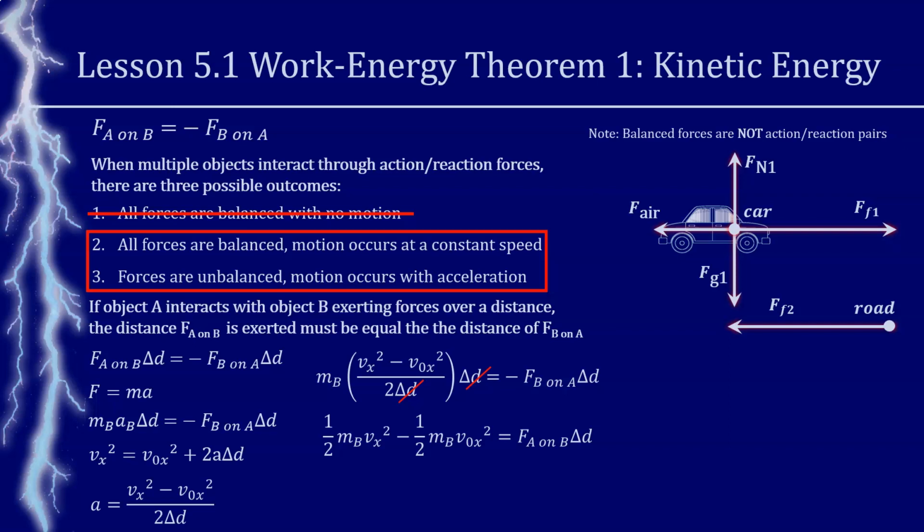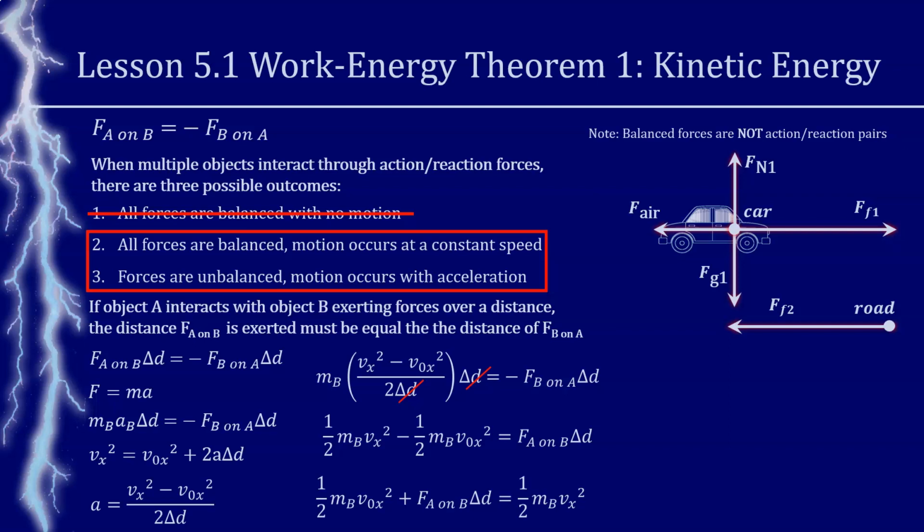So the key is everything's going to be positive when I add that expression in the middle to both sides. And you'll see that this is the exact same expression. All I've done is I've changed the signs by adding 1/2 m_B v_Bx squared to both sides. And in addition to that, I've switched the sides of the equal sign to get this expression.